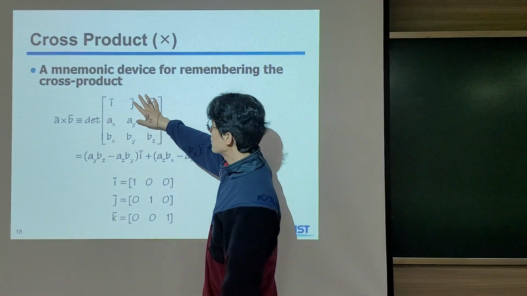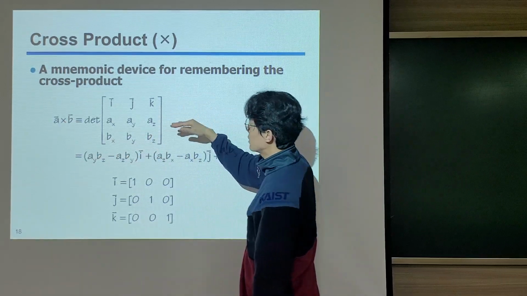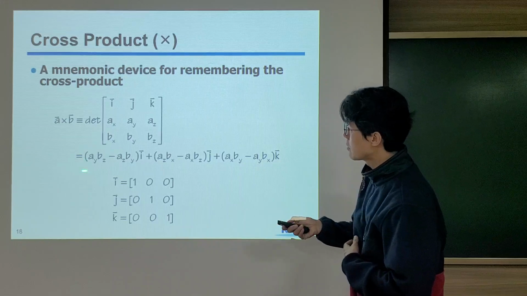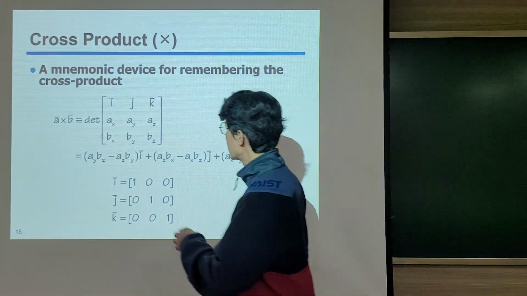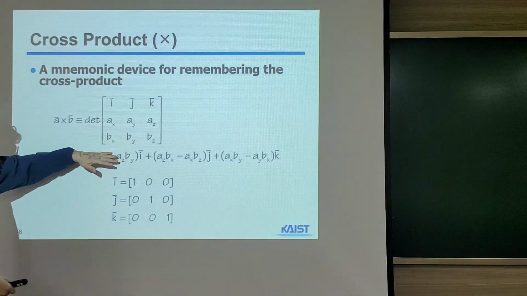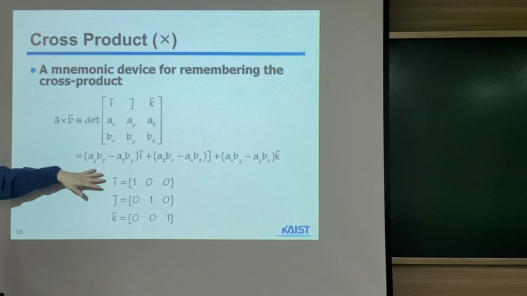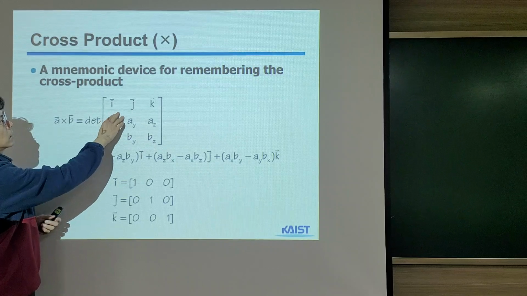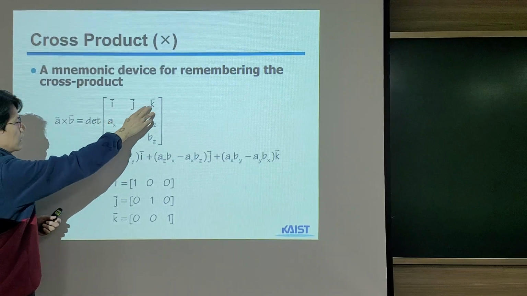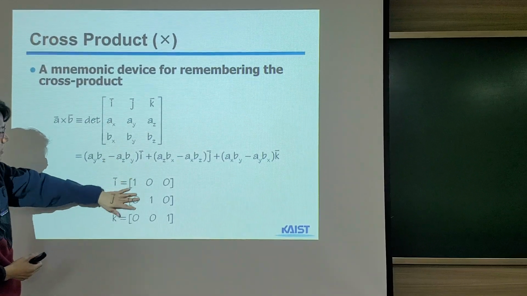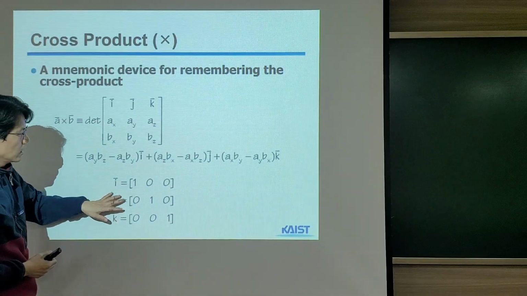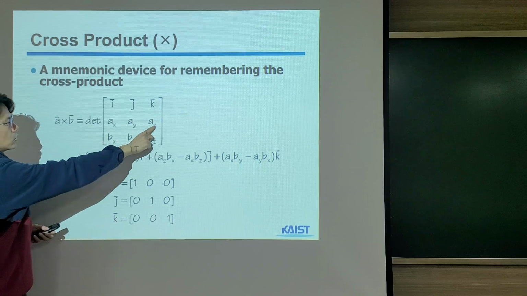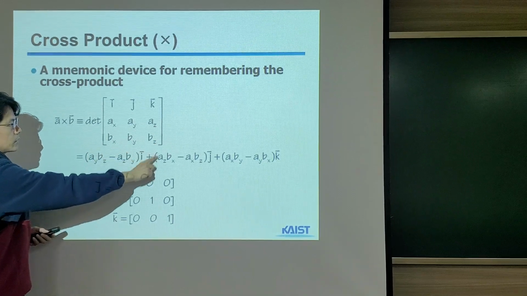We can also define the cross product this way, and based on this we can more easily memorize the equation. We take the canonical vectors i, j, k, the x, y, z vectors, and set up the three components of vector A and the three components of vector B.